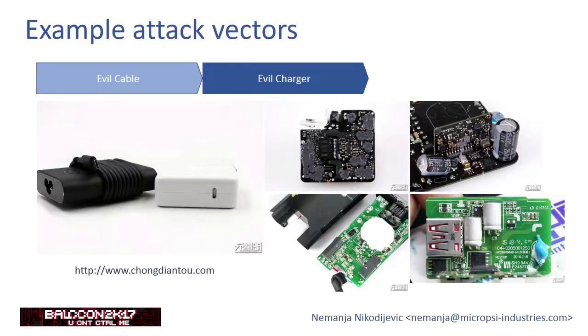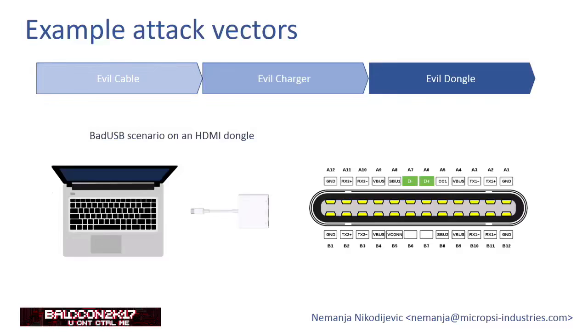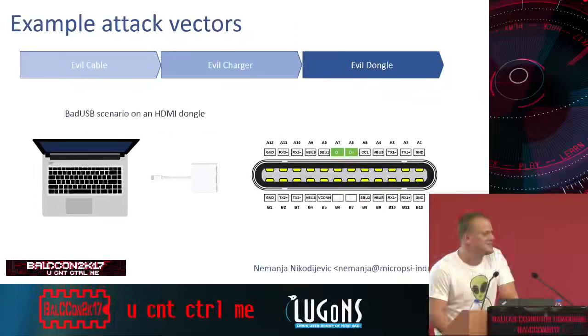So it doesn't use CC lines for communication, but it actually uses D+ and D-. So it basically uses USB data lines, and over these data lines, it talks synchronous serial communication. It's a weird way of communicating. It's something that looks like I2C.